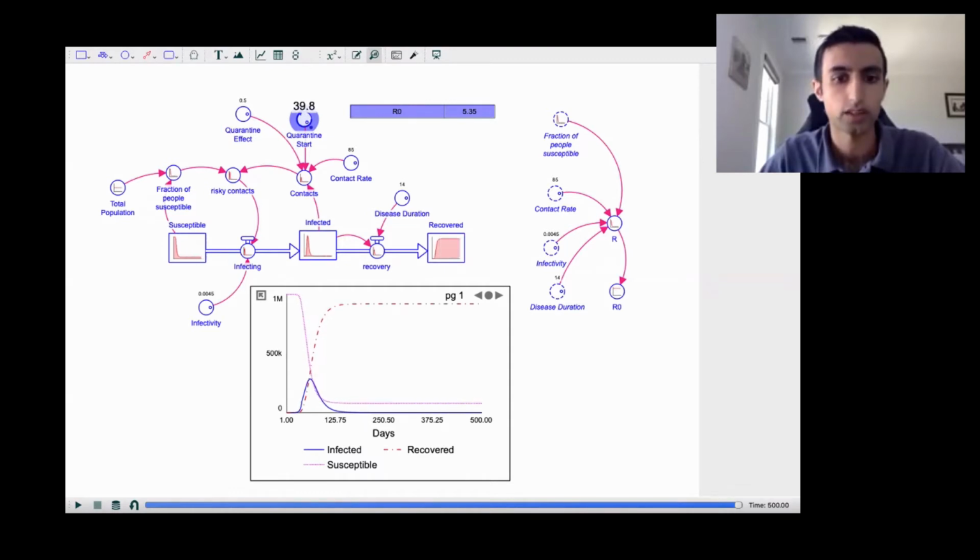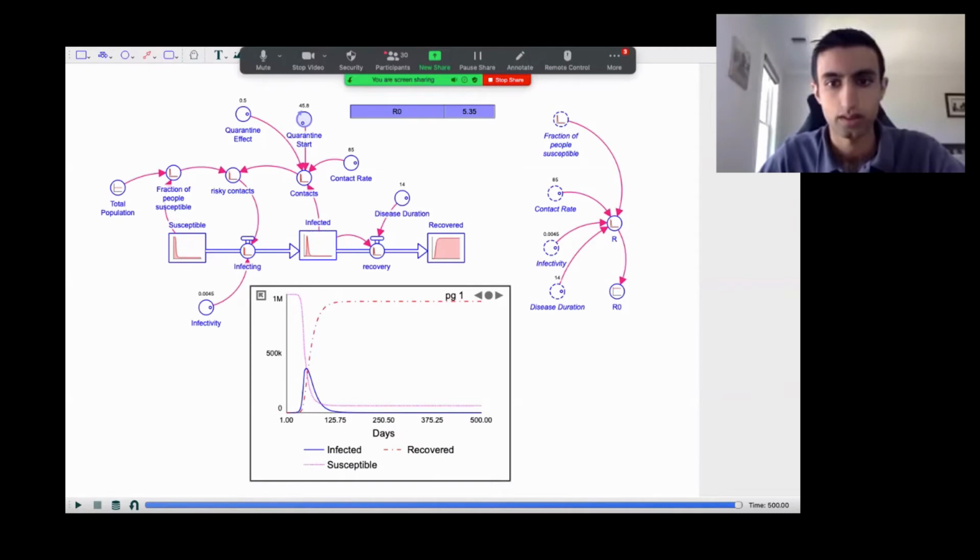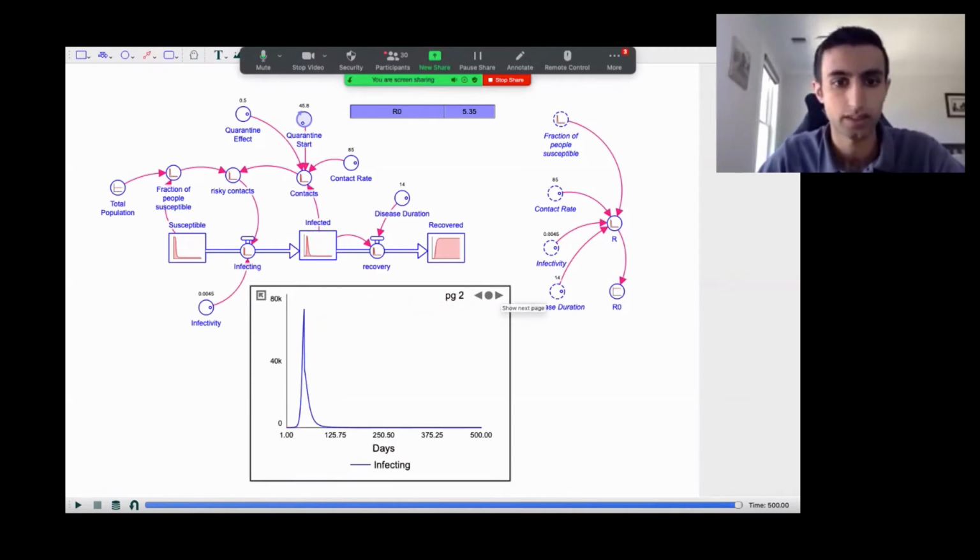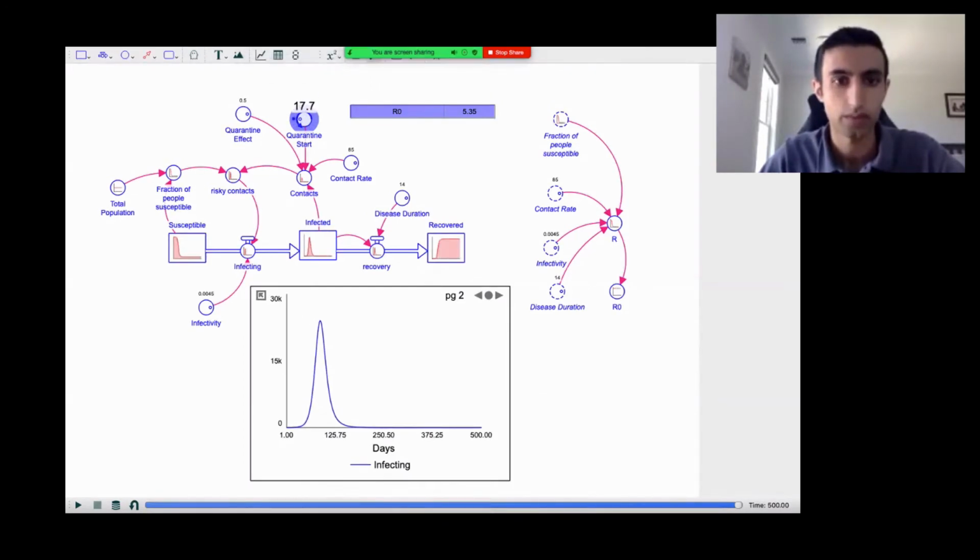The later we make the quarantine, the higher the number of infected people. You can also see the effect the quarantine has on the infection rates. There is a certain time where it basically doesn't mean anything, but it does have an effect around the 30s, so after the first month.